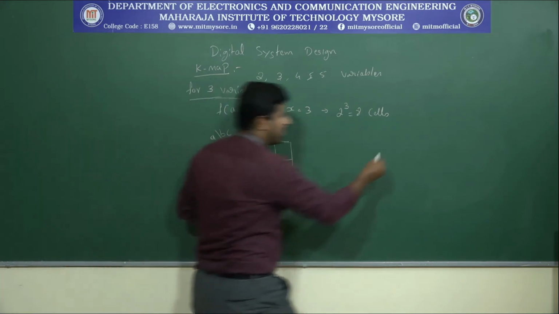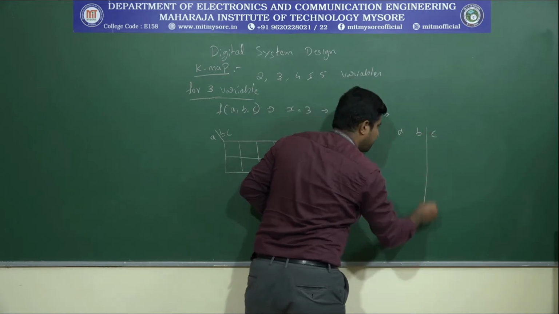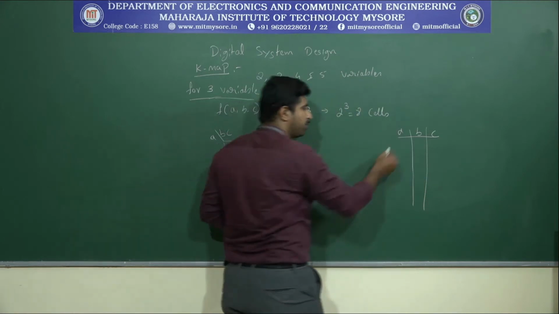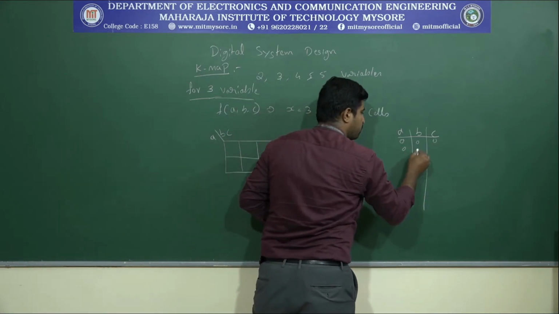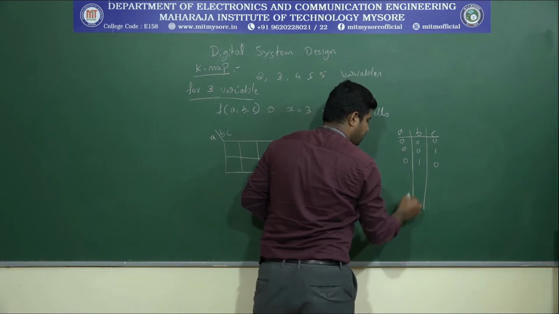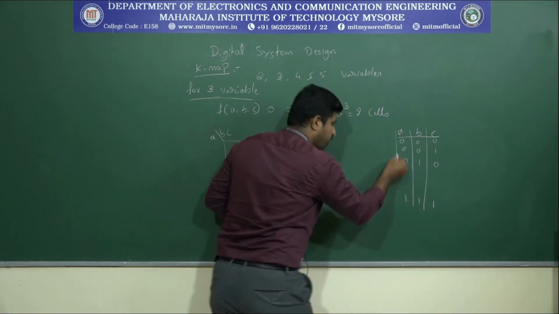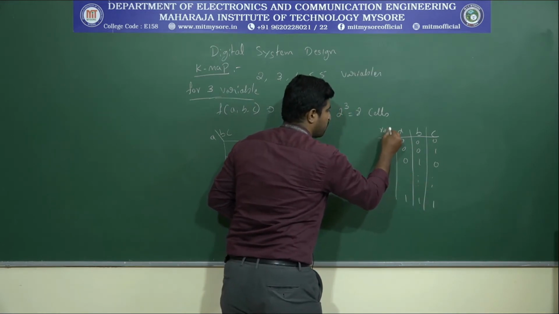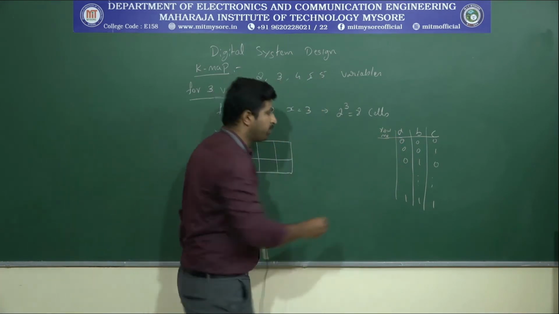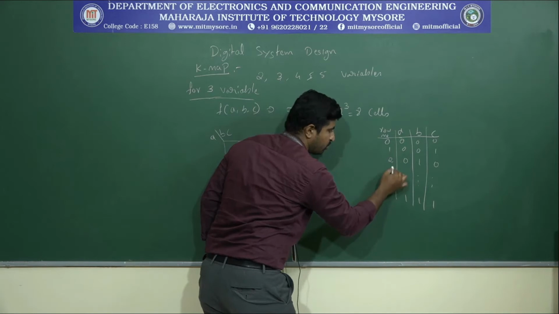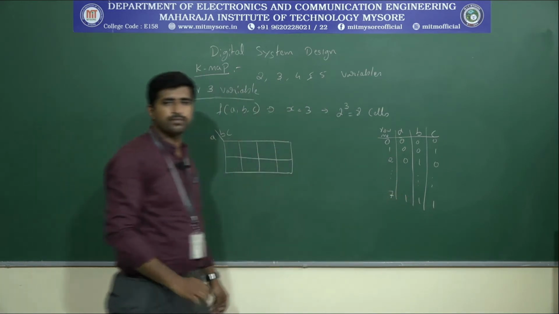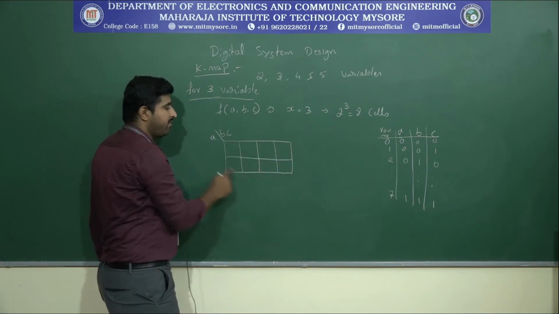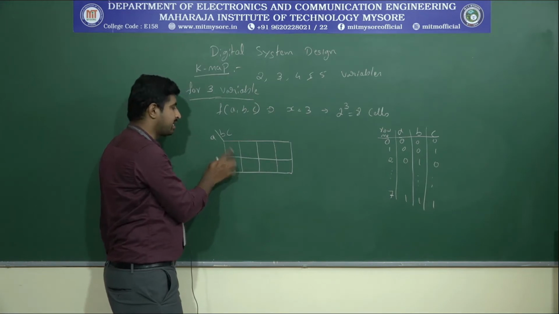Similar to our truth table A, B, C, 3 variables means 8 combinations will be there, that is 0 0 0, 0 0 1, 0 1 0, up to 1 1 1, corresponding to the row numbers 0, 1, 2, up to 7. So the 3 variable K-map will be like this.